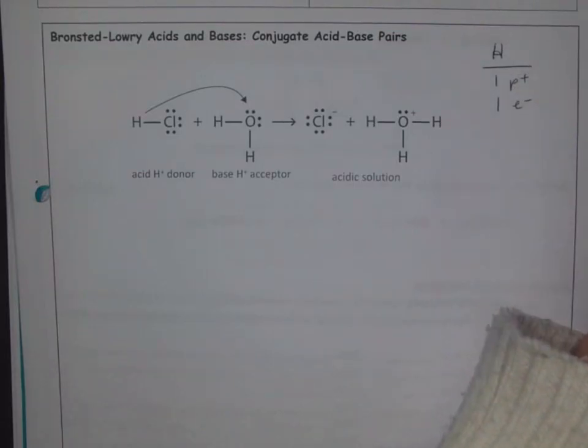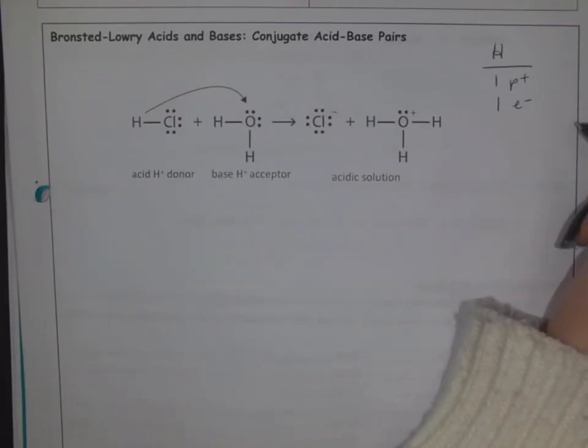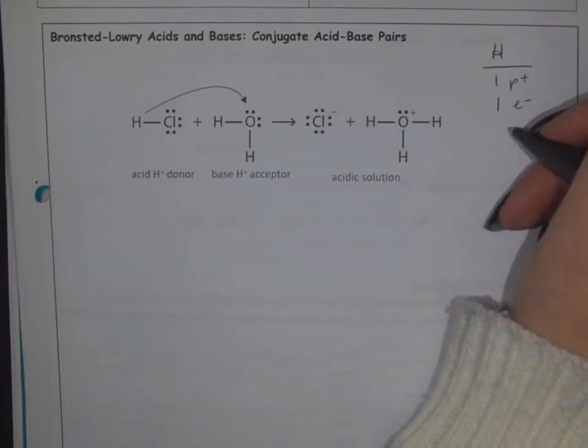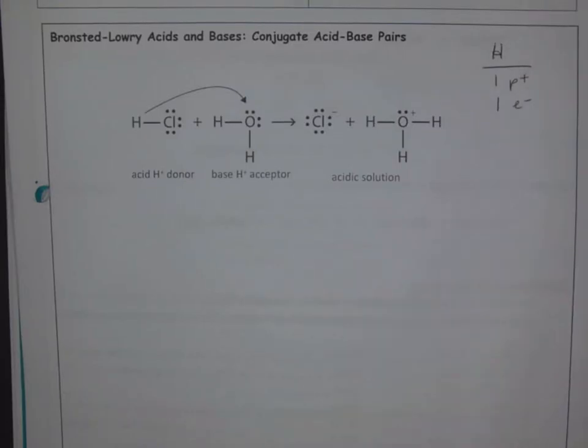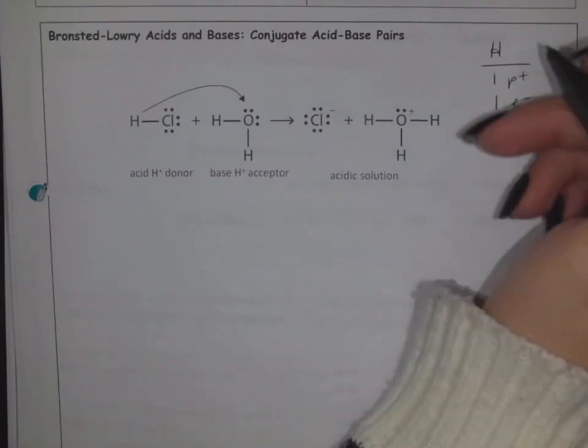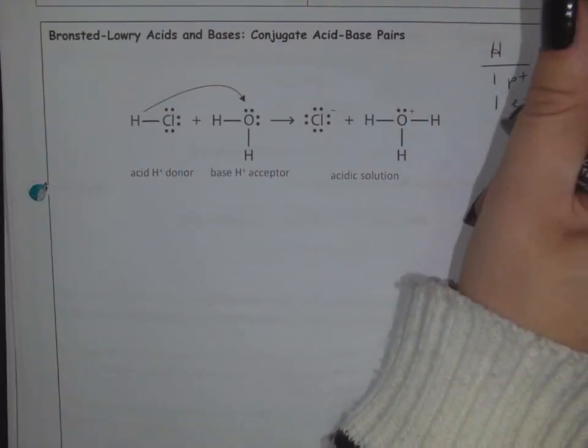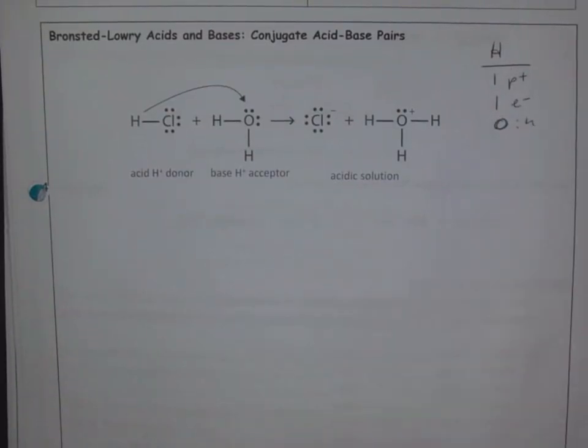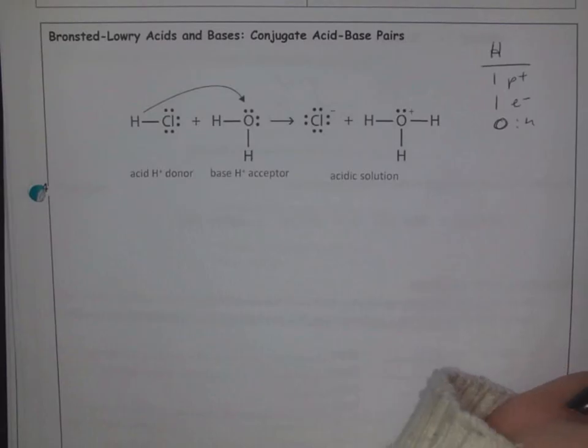And then there's a couple different isotopes of hydrogen, and so we can have different numbers of neutrons. So now we're just going to say 0 neutrons for now, okay? But there could be a different number of neutrons.